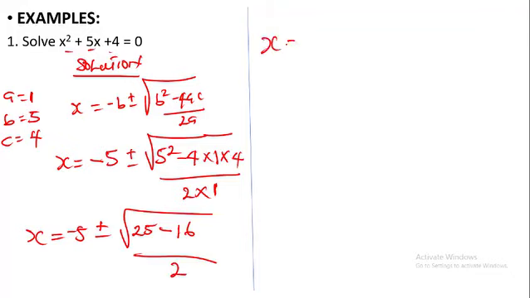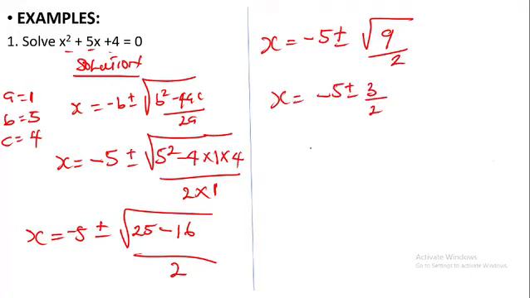Therefore our x is equal to minus 5 plus or minus square root of 25 minus 16 will give us what? 9 all over 2. Okay, so our x is equal to minus 5 plus or minus square root of 9 is what? Is 3 all over 2. Okay, at this point x is equal to minus 5 plus 3 over 2, or minus 5 minus 3 over 2.